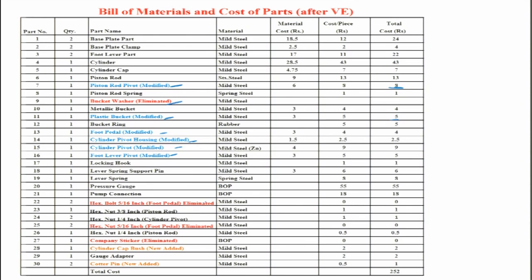So this is eliminated. Again, these hexagonal bolts etc. are eliminated. Company sticker is eliminated, that is not required here, they said. So these are new added parts. Cylinder cap bush, a cylinder cotton pin. So the total cost is rupees 252. If you remember, the previous cost was rupees 351 and the new cost is rupees 252.